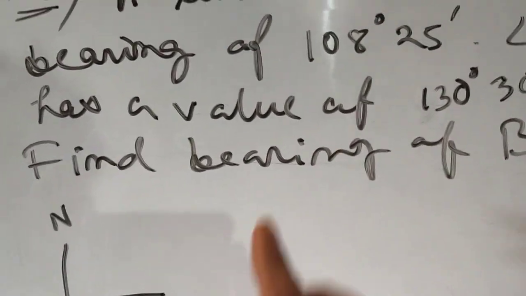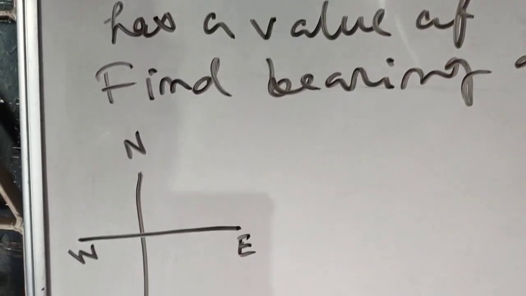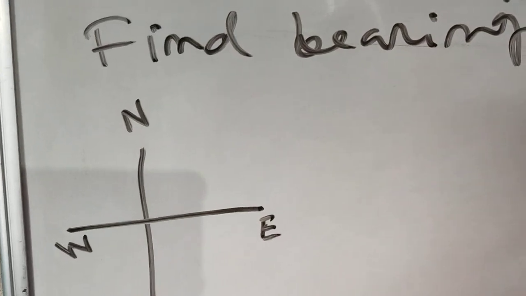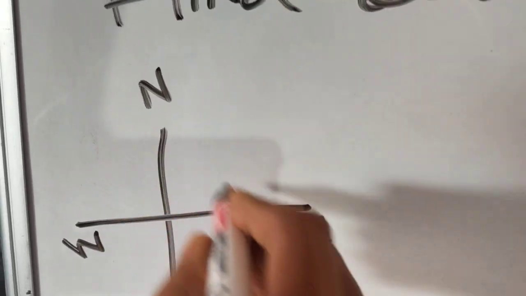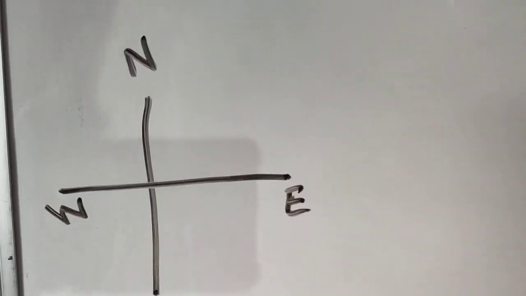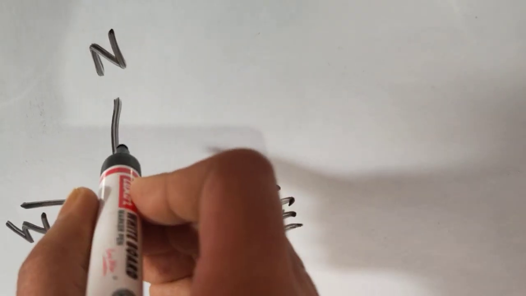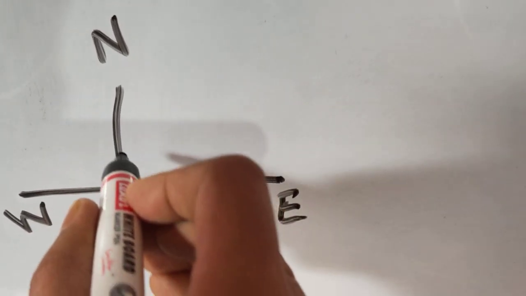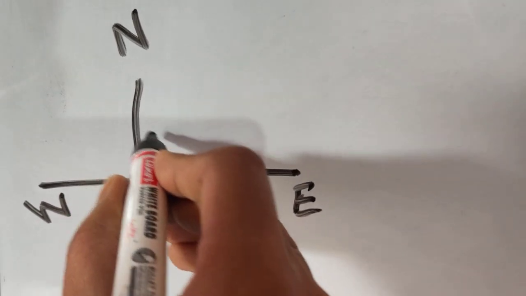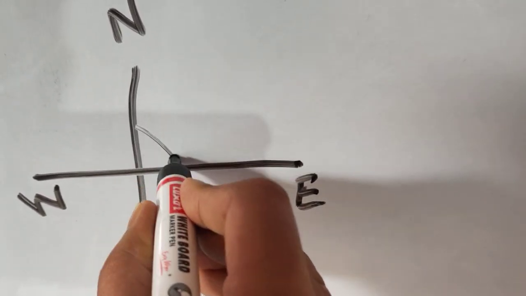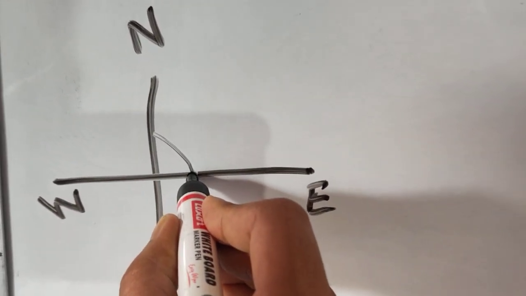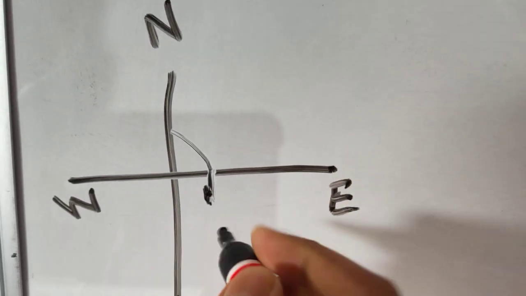So we have to draw this 108 degree 25 minute in WCB method. So we know in WCB method we measure the angles only in clockwise direction. So in clockwise direction, if we try to draw an angle of 108 degree with respect to north direction, then it will come up to this point. It is 90. So 108 will come somewhere here.